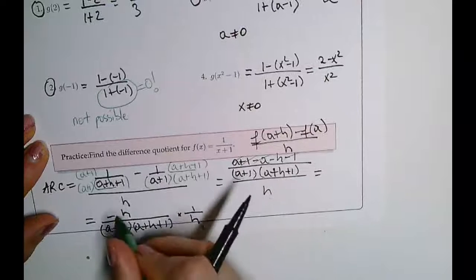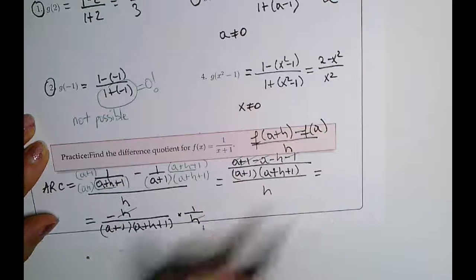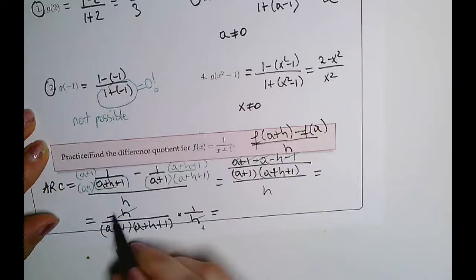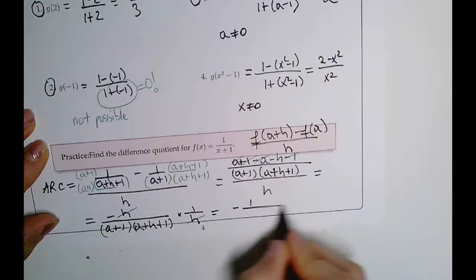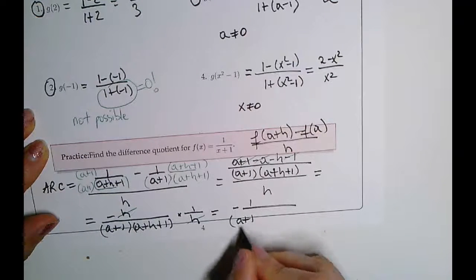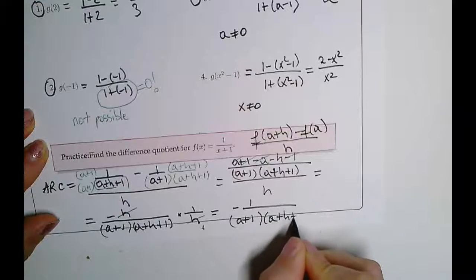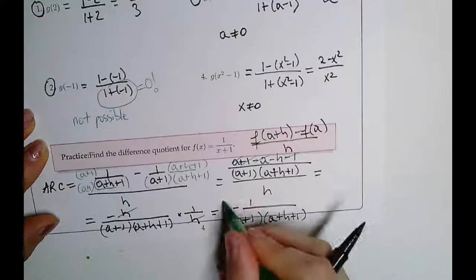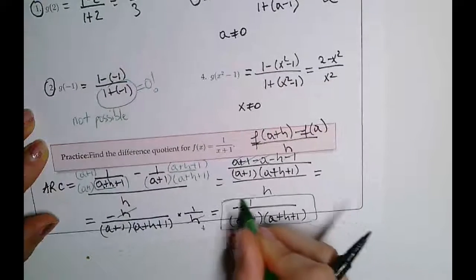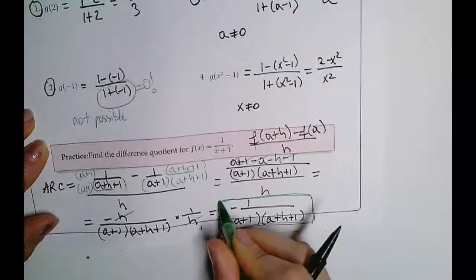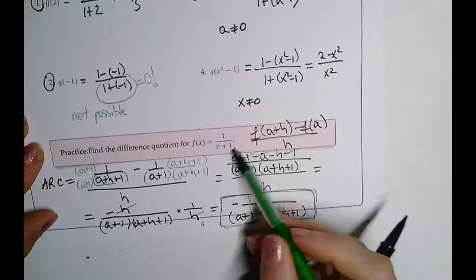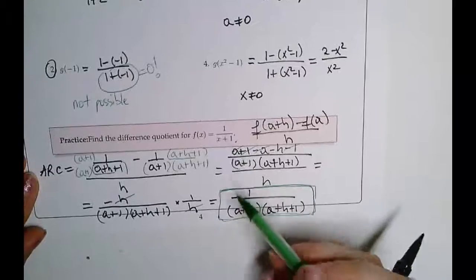So then I can reduce this h with this h, and I get negative 1 over a plus 1 times a plus h plus 1. Again, this is going to be the average rate of change, the difference quotient for this function at a certain x, a.